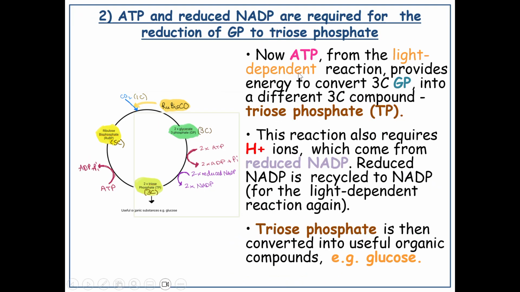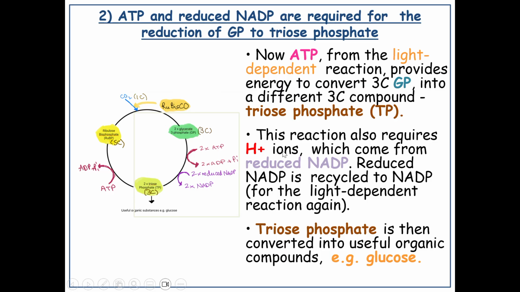Then the next bit we'll look at is how ATP and reduced NADP are required for the reduction of GP into triose phosphate. After we've got the 2 molecules of glycerate 3 phosphate, ATP that was given from the light-dependent reaction provides energy to convert the GP into a different 3-carbon compound, triose phosphate.